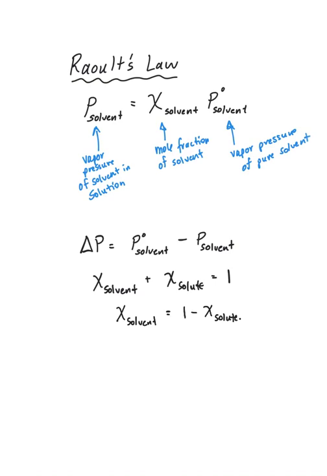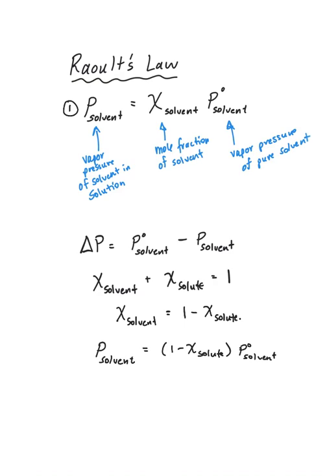All right, so that means, pulling in equation number 1 up at the top, that the vapor pressure of solvent in a solution could be given as 1 minus the mole fraction of solute in solution multiplied by the vapor pressure of pure solvent alone.